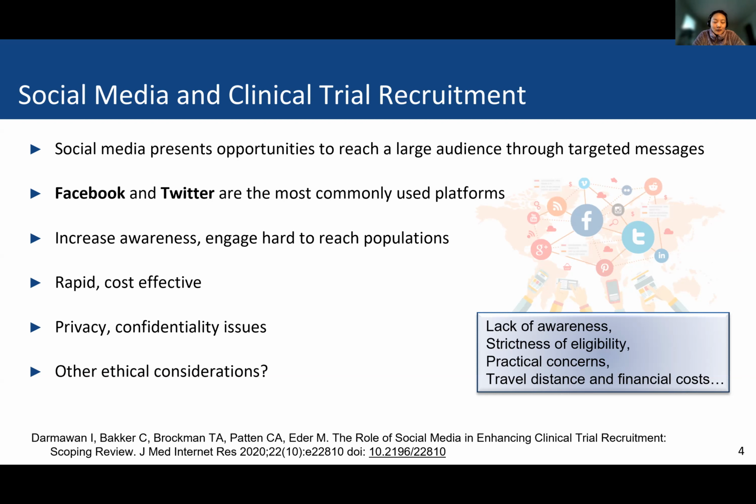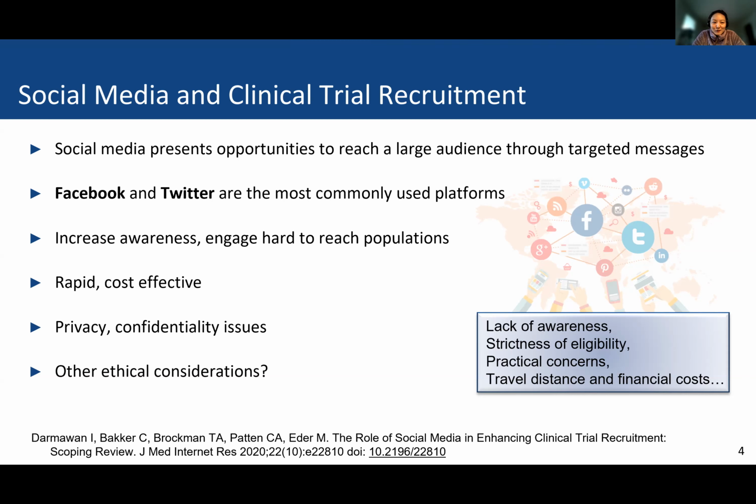It's easier to get connected with Wi-Fi than to go into a clinic or an institution in person. These days, Facebook and Twitter are the most commonly used platforms. I think people all have preferences, but at least one of these will be among the apps on your cell phone.